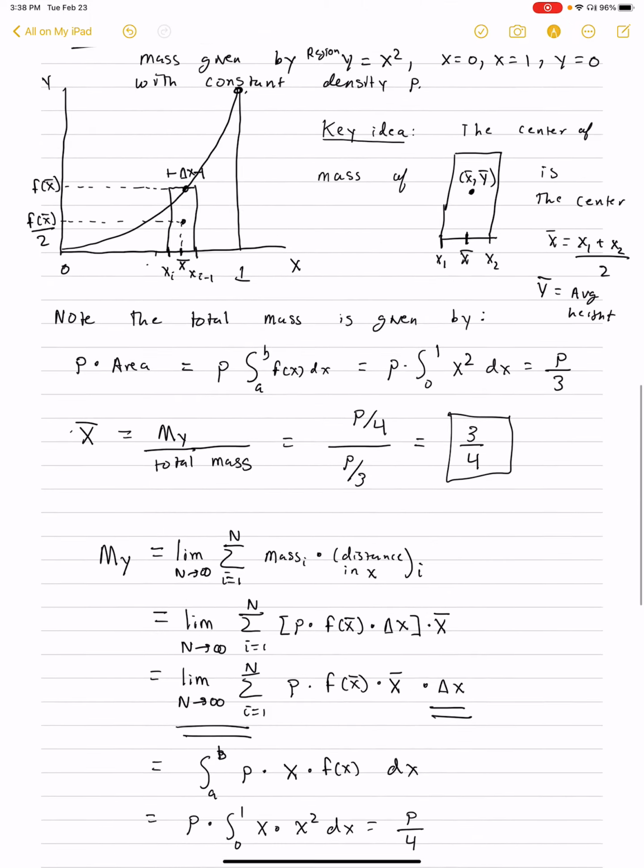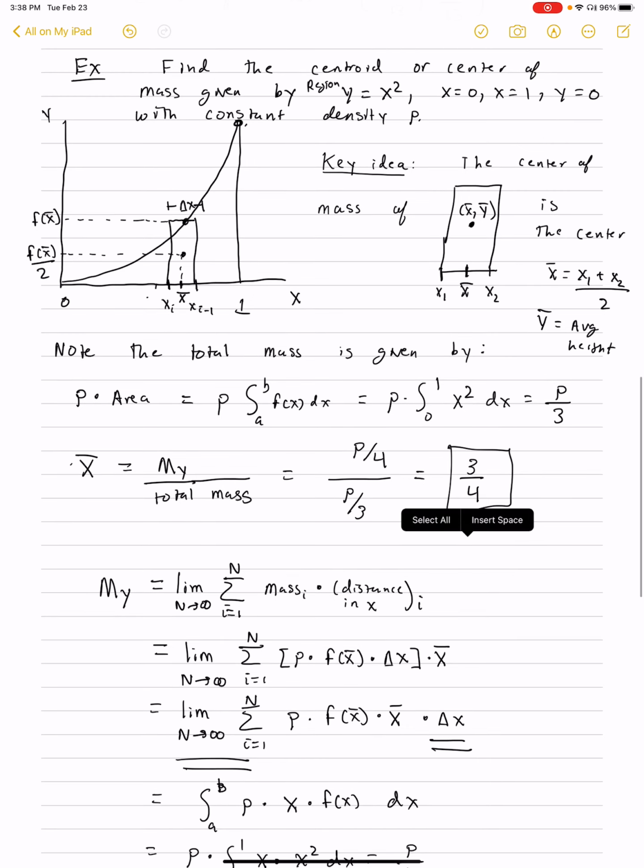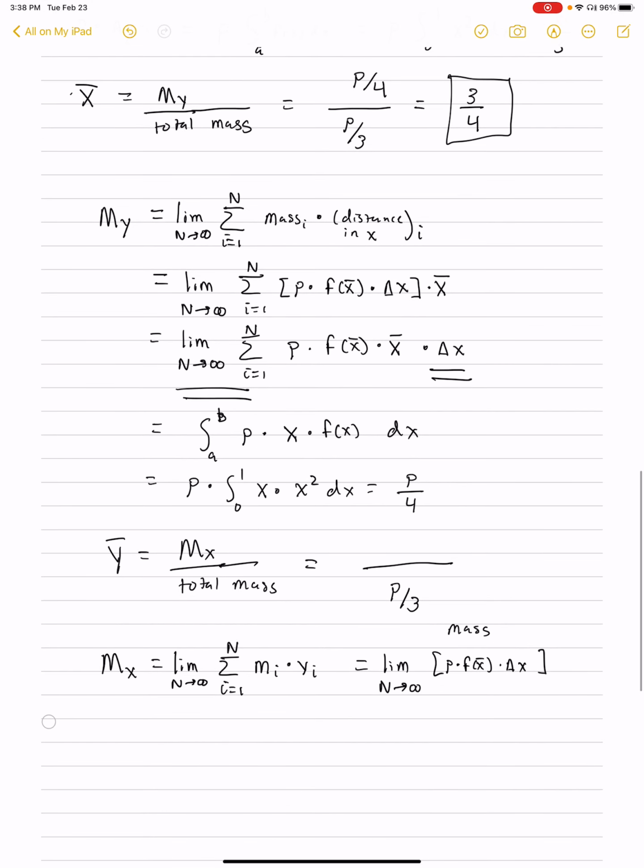So all we're going to do is take this rectangle that I described in the curve. It has area given by height times width. The height is f of x bar, the width is delta x. So the area is going to be f of x bar times delta x. And then we multiply by rho to get mass, because that's the density.